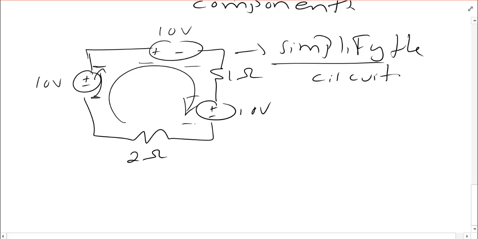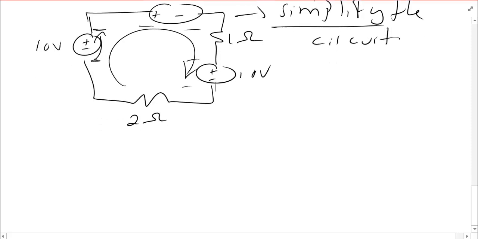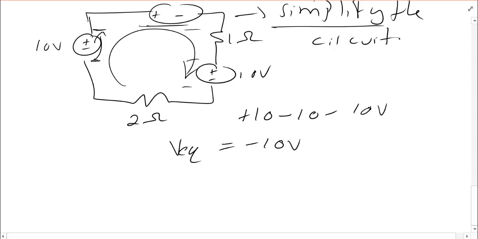So the voltage sources would add together as positive 10 minus the first 10, that's this one here, minus the second 10 volts, that should not be a double minus, to give me an equivalent VEQ that is equal to negative 10 volts.